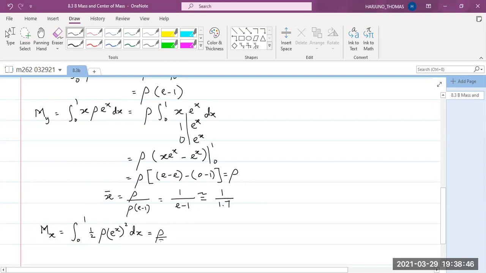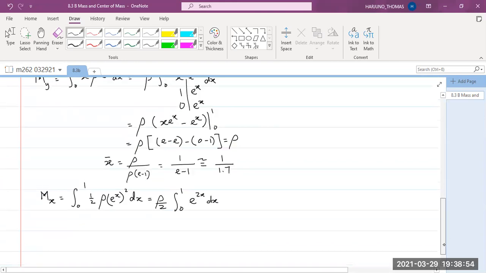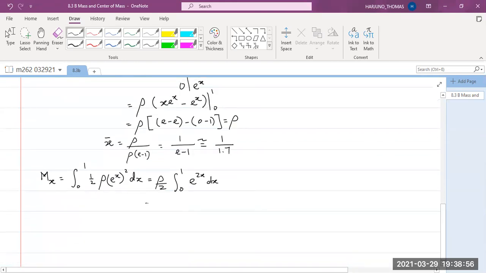That's rho over 2 times the integral from 0 to 1 of e to the 2x dx. The integral of that will be rho over 2 times 1/2 e to the 2x from 0 to 1. That is 1/4 rho (e squared minus 1).